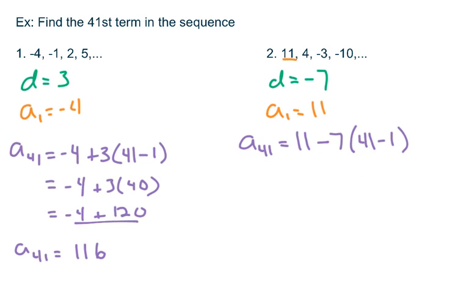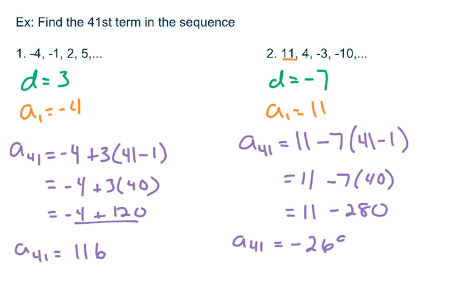Okay, so let's just run this through. 11 minus 7 times 40. 7 times 40 is 280, so we'll have 11 minus 280, and we can say that the 41st term, a sub 41, is -269.